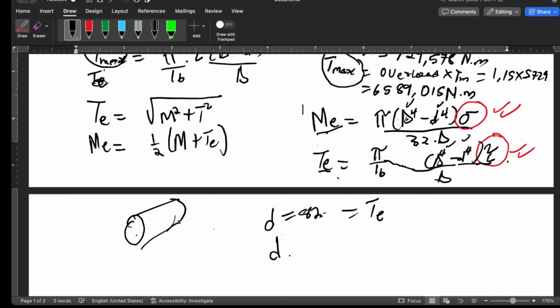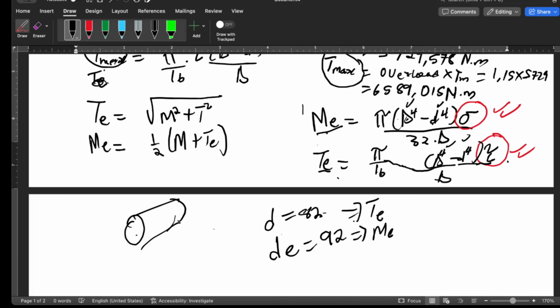When you use the equivalent bending moment, you get 92. So which one are you going to use as your diameter? You're going to use 92 as your diameter.